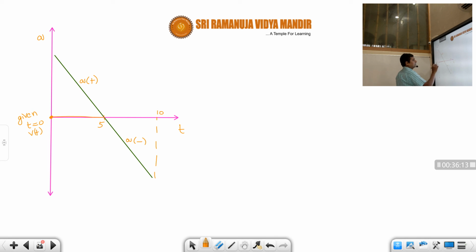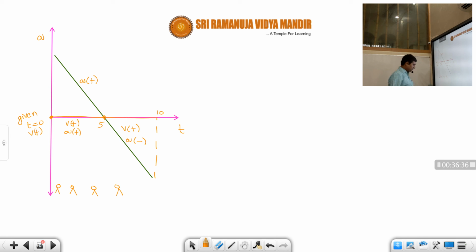Understand? So during 0 to 5 seconds, what will happen, students? During this time v is positive and acceleration is positive, so the speed will increase, like this. Now from t equal to 5 seconds to t equal to 10 seconds, v is positive but acceleration is negative.